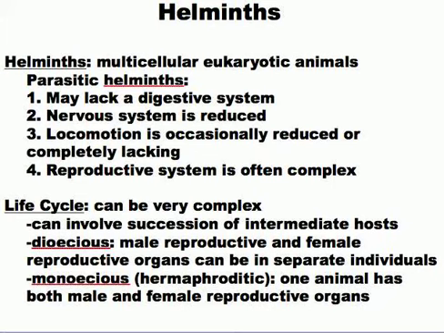Their nervous system is reduced, and again, they don't need an extensive nervous system because they don't have to search for food or respond to much in the environment, because the environment within a host is fairly constant. Their locomotion is occasionally reduced or completely lacking.